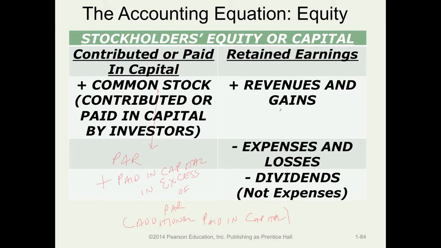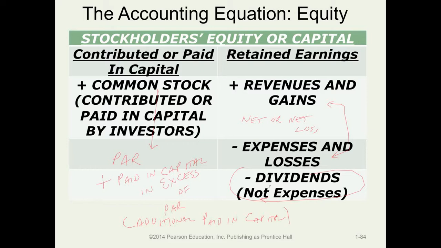Retained earnings changes by revenues and gains, expenses and losses. Together, this would be your net income or net loss, and also minus any dividends. And again, dividends are not expenses.